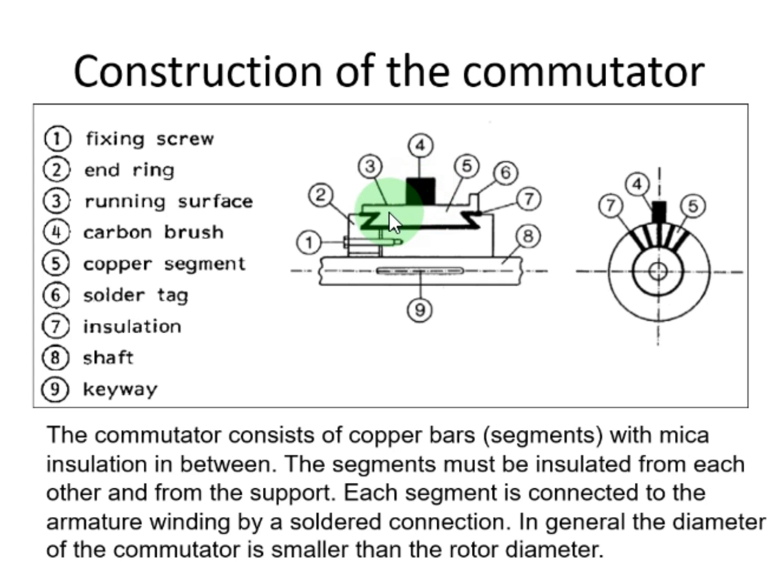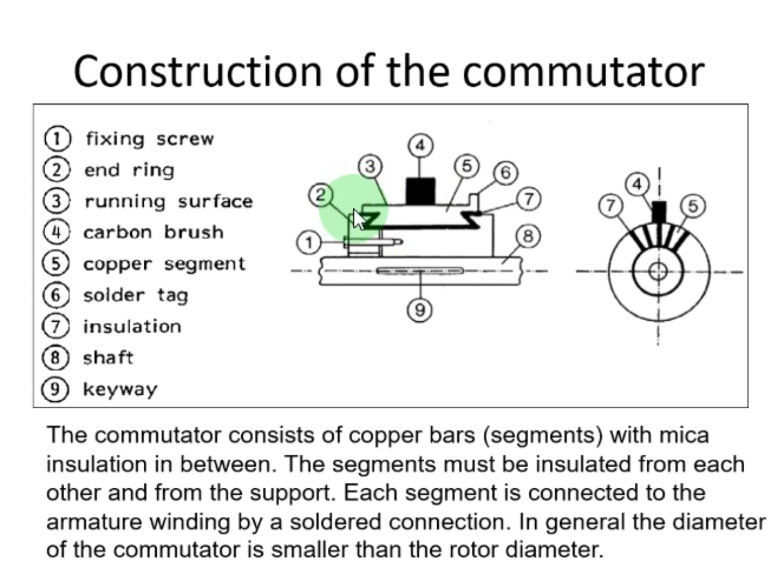And then the shaft and this number 5, which is the copper segment, the copper slots, which you can see here, they are actually insulated using mica-like material. Number 7, the dark color one, is the insulation.